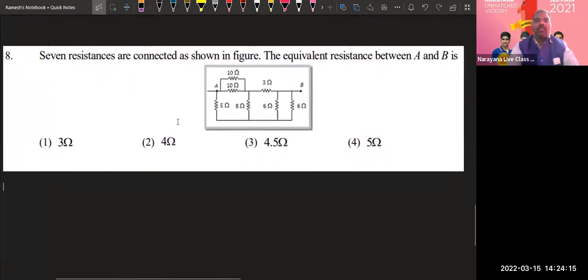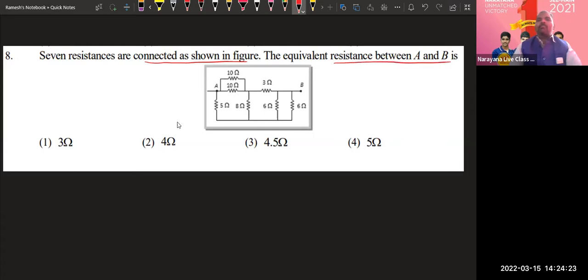Okay, students, this is another question. 7 resistances are connected as shown in the figure. Equivalent resistance between A and B is how much? Between A and B, a 10 volt battery is connected. Tell me, 6 ohm and 6 ohm are in which combination?